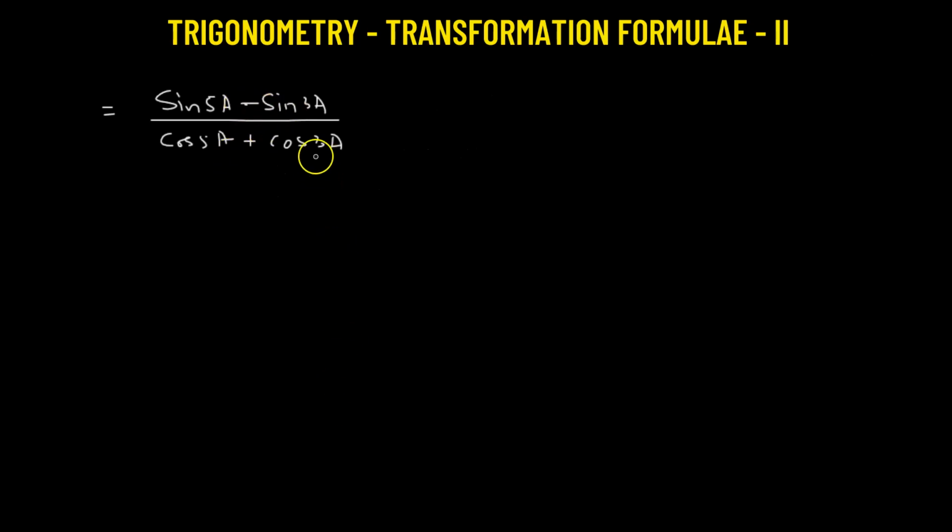Now what we have here is the difference of two sine functions in the numerator and the sum of two cosine functions in the denominator. Now we'll be using the transformation formula. If we have sine of angle a minus sine of angle b, then this is simply equal to 2 times cosine of a plus b over 2 multiplied by sine of a minus b over 2.